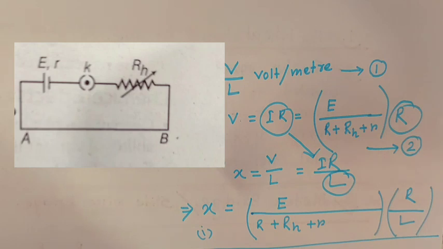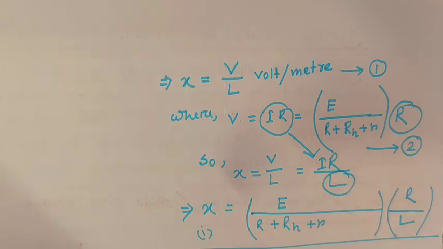The sensitivity of a potentiometer is assessed by its potential gradient. The sensitivity is inversely proportional to the potential gradient. That means if the potential gradient is high, then the sensitivity is low, and if the potential gradient is low, then the sensitivity is high. So the relation between sensitivity and potential gradient is inversely proportional.